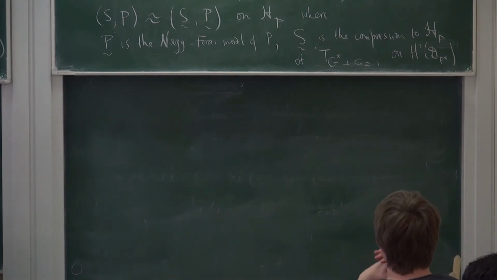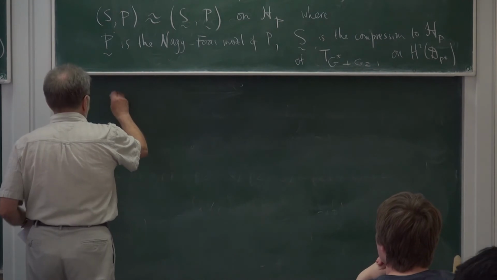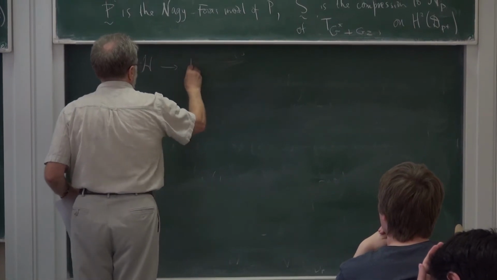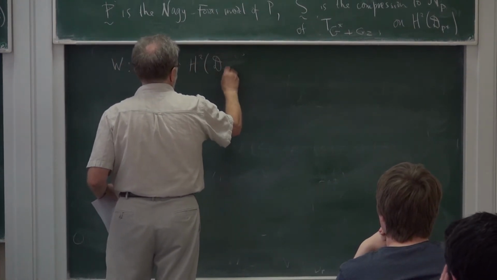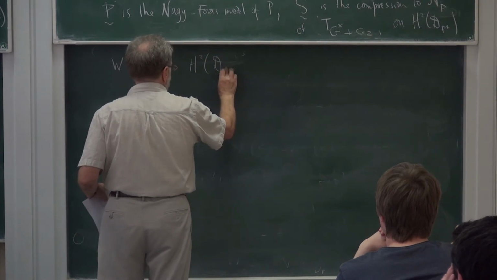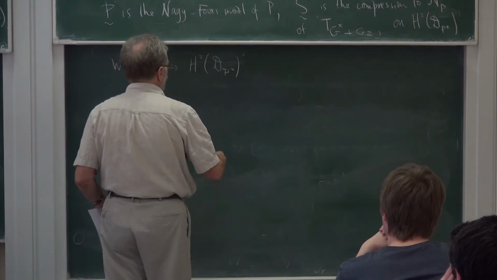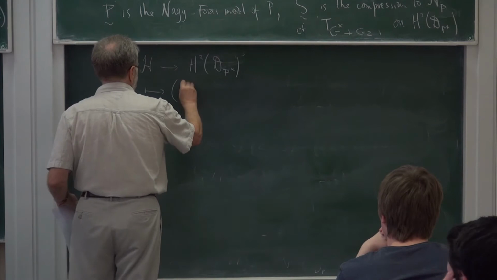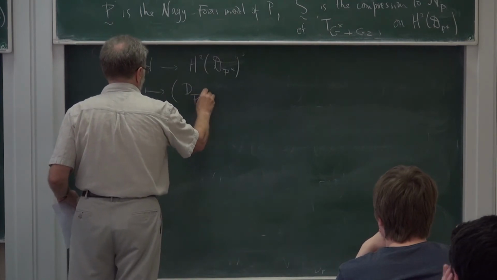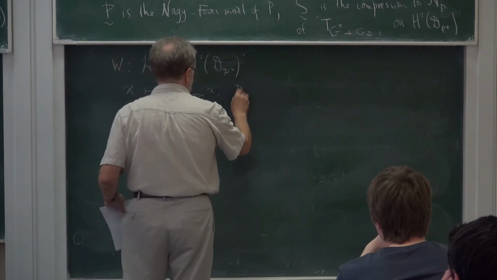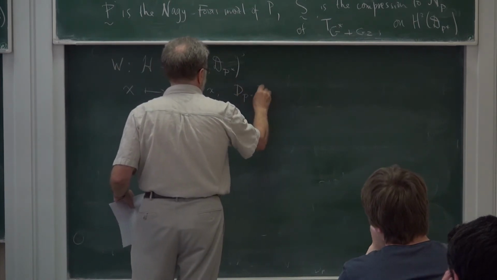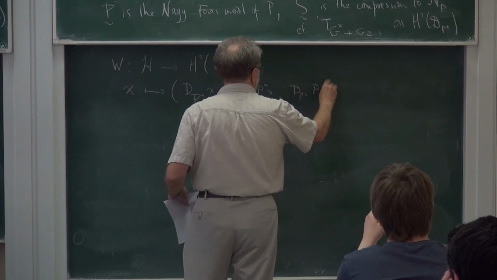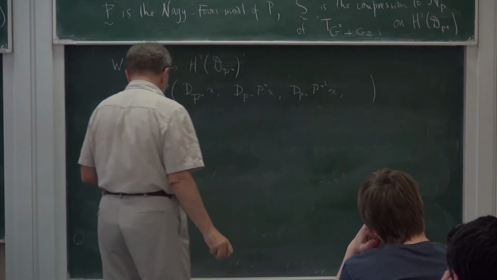So let me recall a few things. We introduced an isometry W going from H into H2 of D_P*, because now the contraction is called P, and a vector x in H maps to the sequence D_P* x, D_P* P* x, D_P* P*² x, and so on.